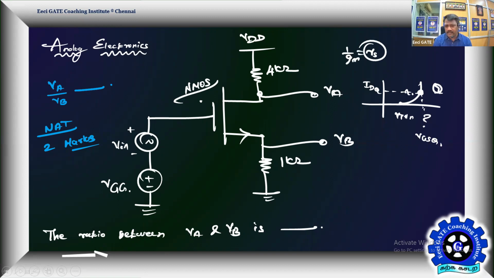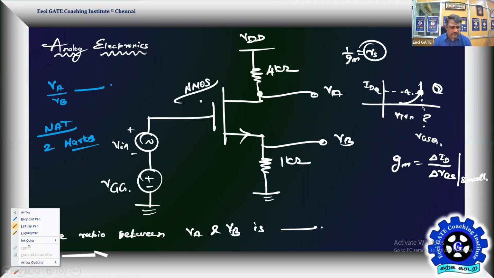That means there is a transconductance, which is the small change in ID as a result of a small change in VGS. That's the small signal parameter gm. With this gm you have to begin your analysis, but it is not given.